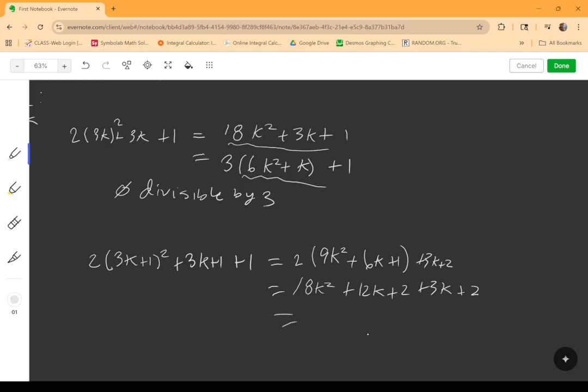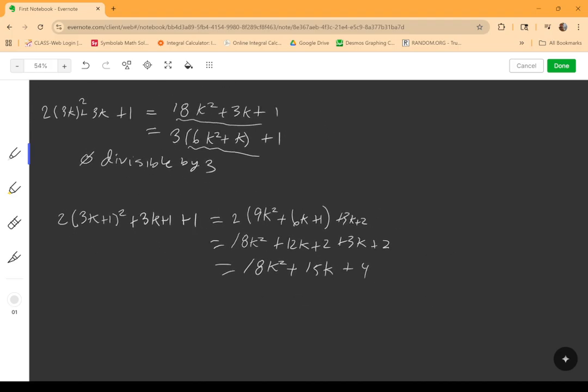All right, and then combining like terms, we get 18k squared plus 15k plus 4. Okay, and here we can see 18 has a factor of 3, 15 has a factor of 3. 4 does not, right? But I can rewrite this as 18k squared plus 15k plus 3 plus 1.